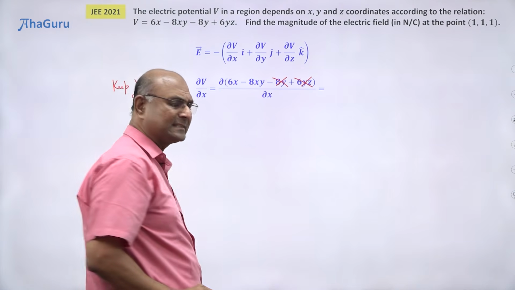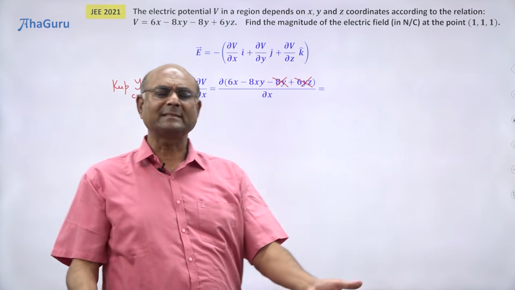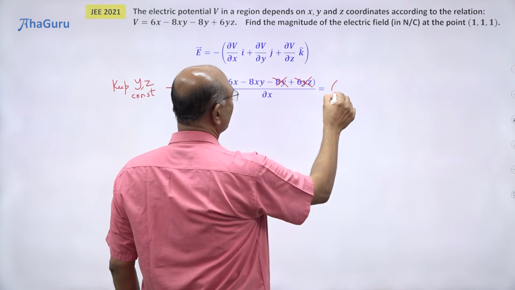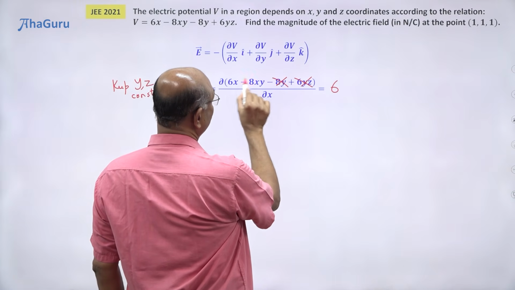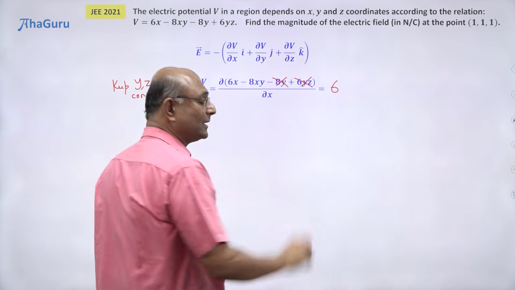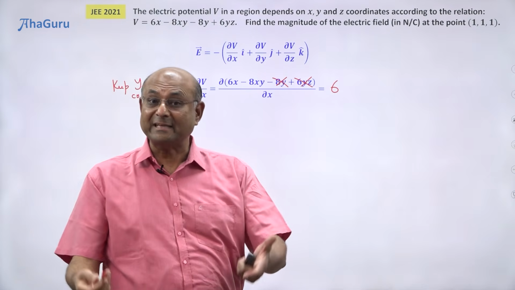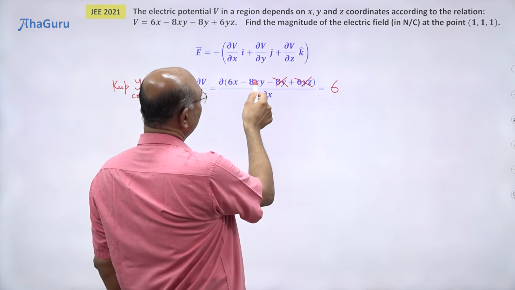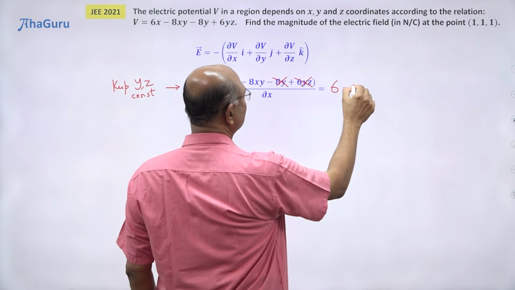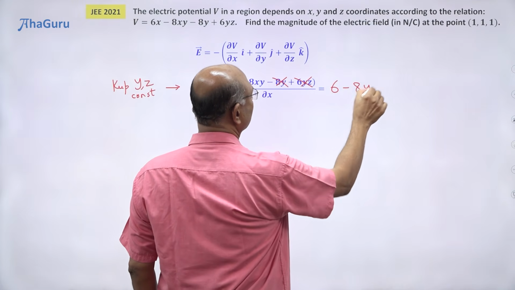Differentiate 6x with respect to x. What is that? 6. Differentiate minus 8xy: minus 8y, which is of course a constant, comes out of the differentiation. So basically you have to differentiate x with respect to x, which is of course 1. So this is minus 8y dx by dx, so minus 8y.